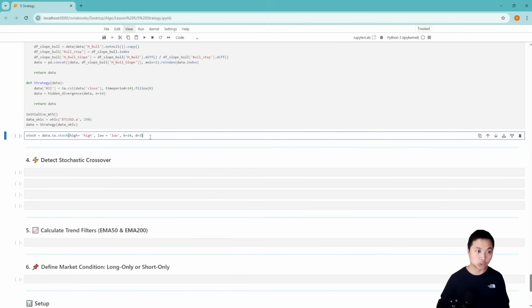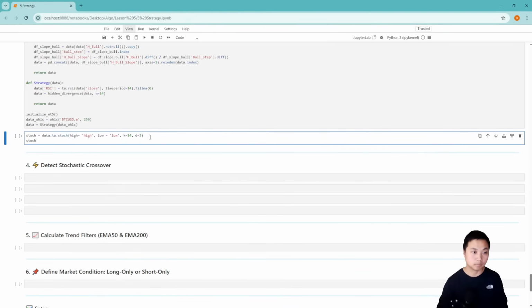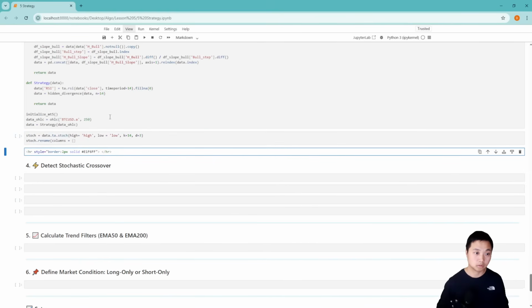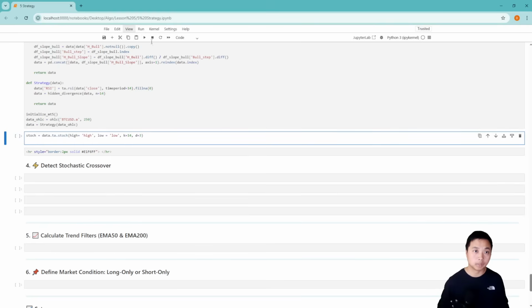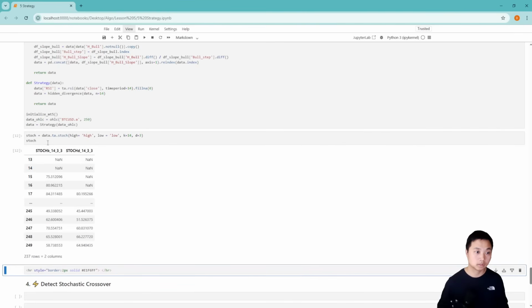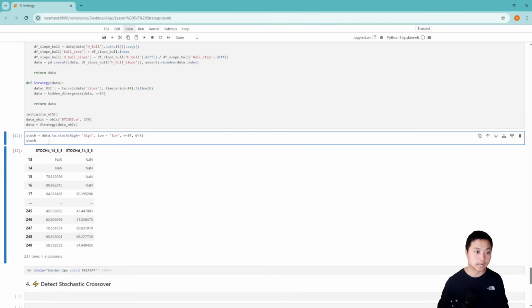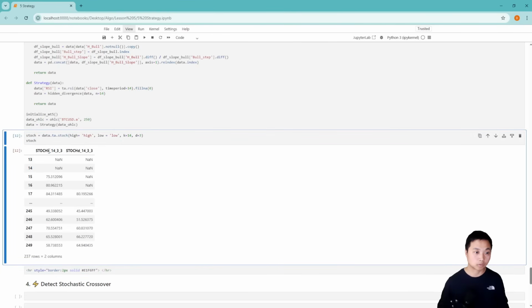So this should result in a new data frame. But before we show it, we had better rename the columns for better indication. Let me show you the names first. You can see this is the stochastic K, and this is the %D line.